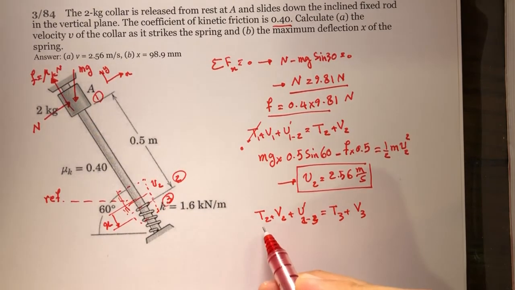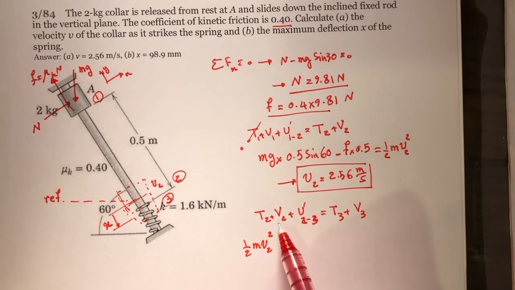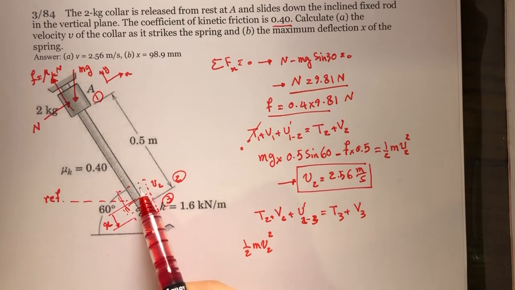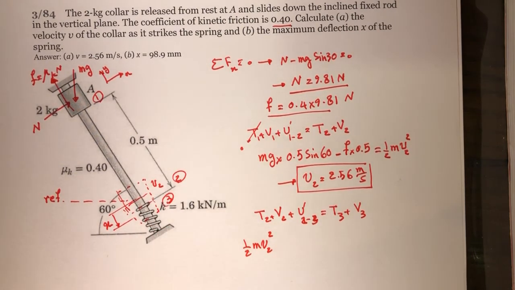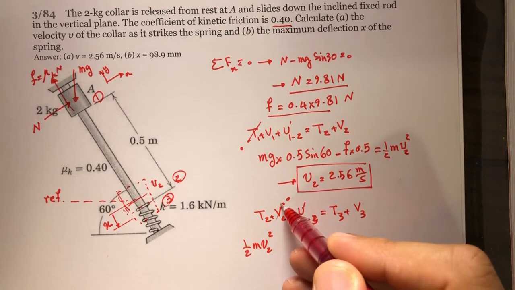So T2 is 1/2 of mass times the velocity at that point squared, which we got over there. And V2: there is no gravitational potential energy here, because it is just touching the spring, and there is no spring potential energy too. So V2 is equal to 0.